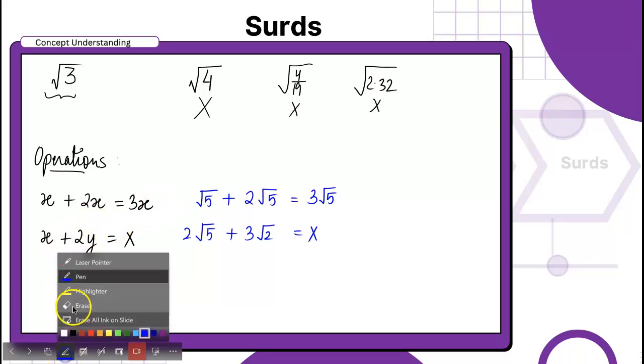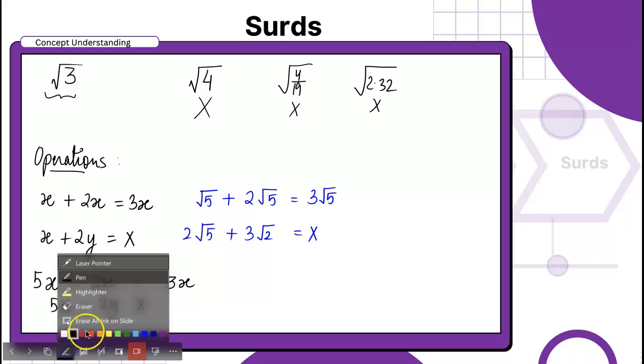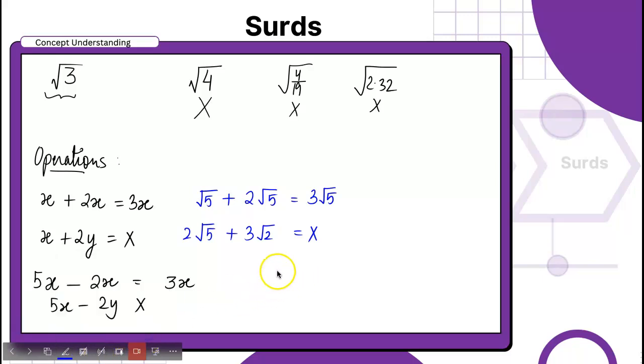Same goes for subtraction. If I say 5x take away 2x, it gives us 3x. But 5x take away 2y, no, we can't. Similarly, if I say 5 root 2 minus root 2, it's not any visible number, that means it's 1 there.